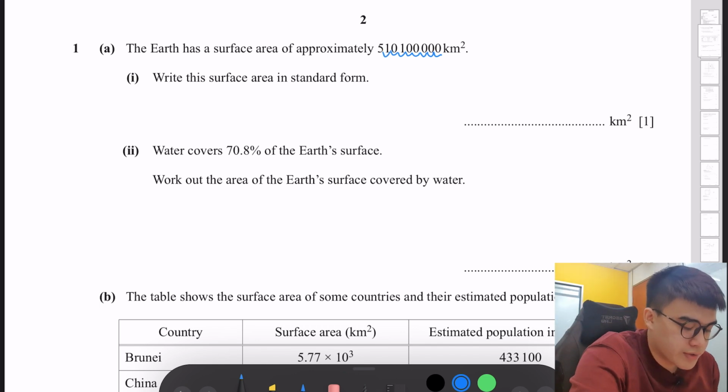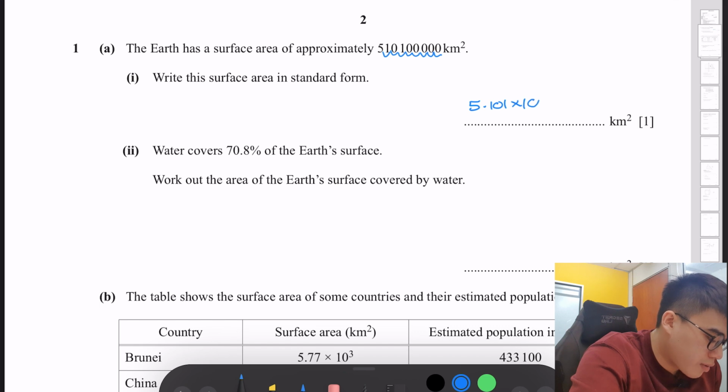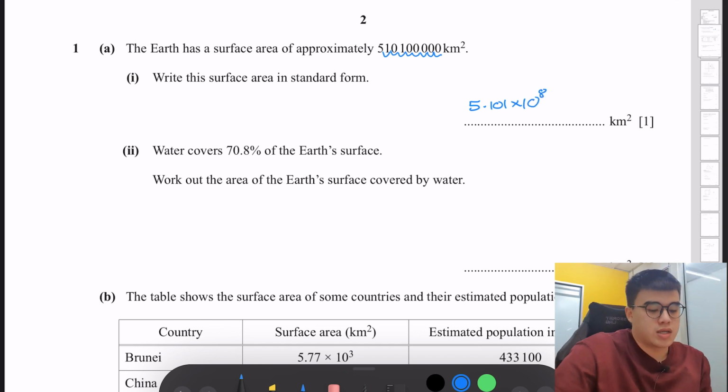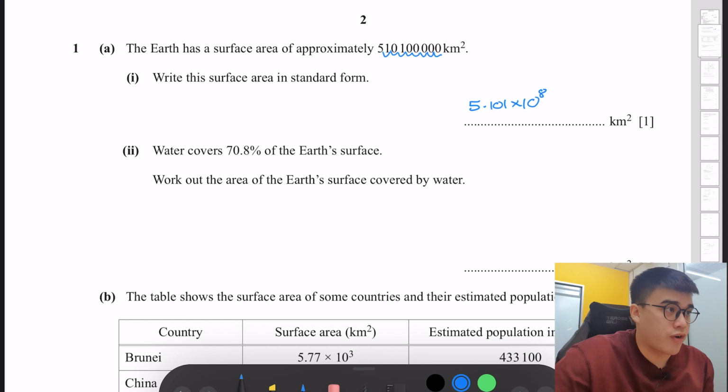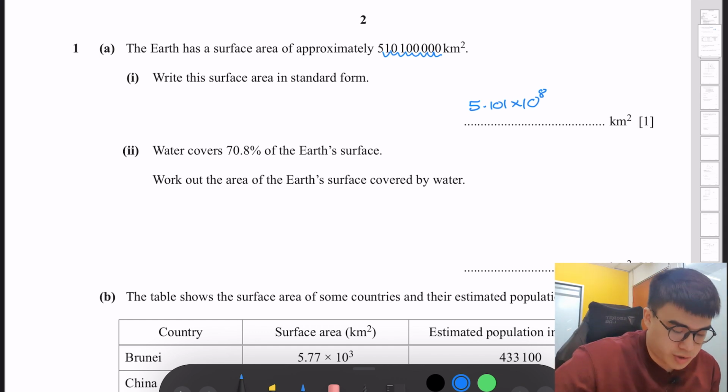I got my result as 5.101 times 10 to the power of 8. Pretty straightforward so far for the first question.